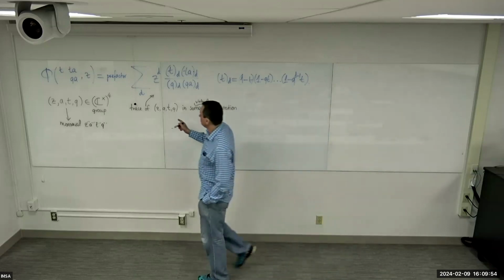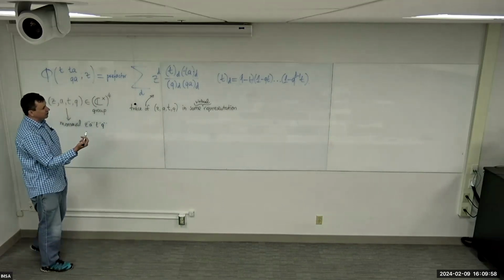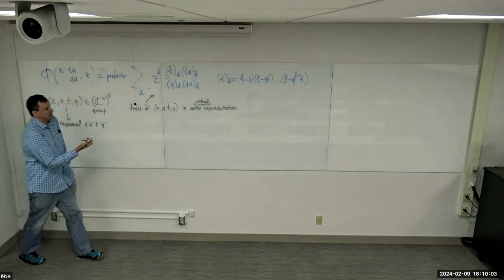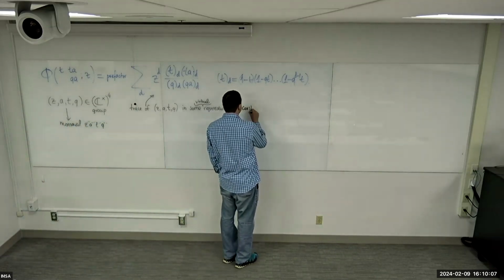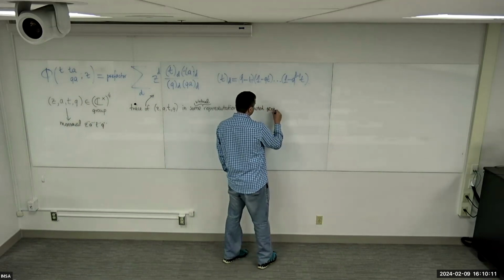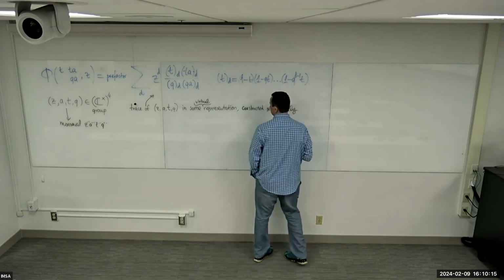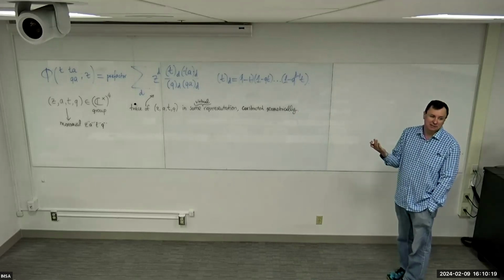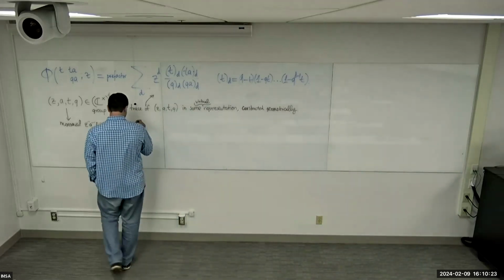And so when we talk about this kind of expression, maybe the first thing to discuss is some representation. This is the representation constructed generically. So what's the simplest possible instance of what I have?